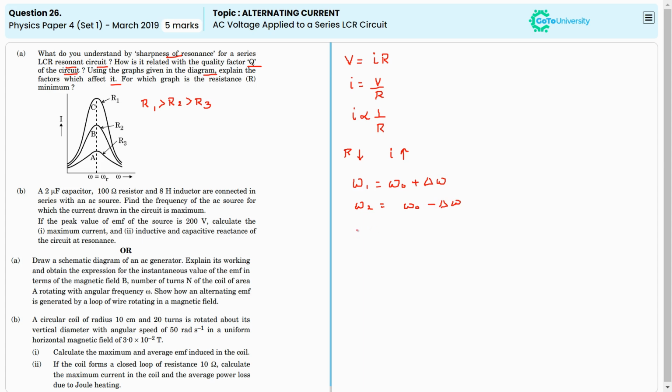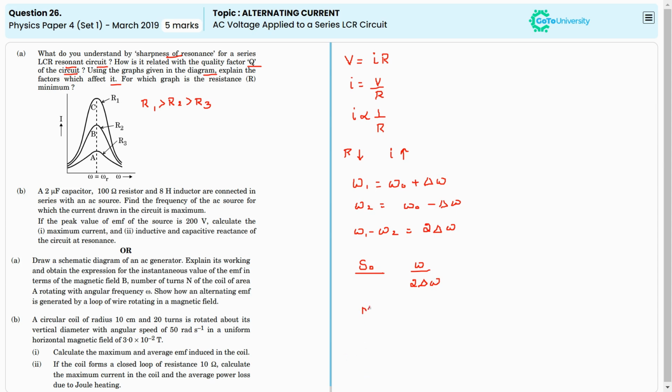Then we can write omega 1 minus omega 2 is equal to 2 times delta omega. Right, this is called the bandwidth of the circuit. So omega naught divided by 2 delta omega measures the sharpness of resonance.